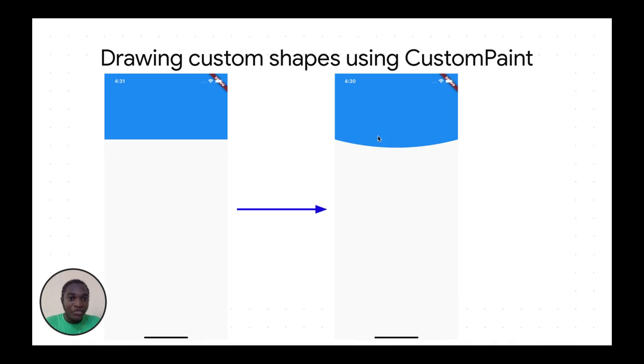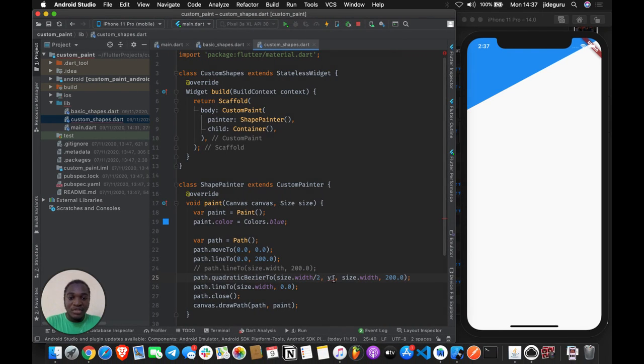Also the curve moved from the initial line further down, maybe let's say 50 pixels, which means instead of 200, we're going to make it 250. After making it 250, save, and then we see our curve has appeared.